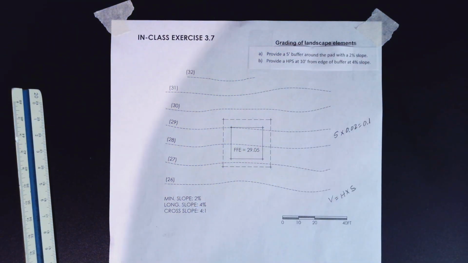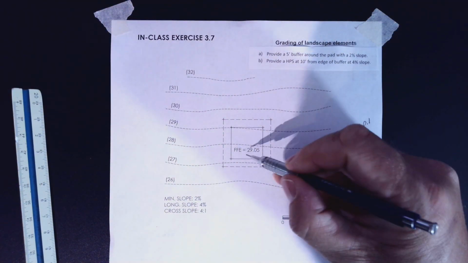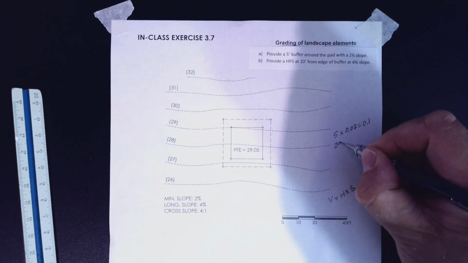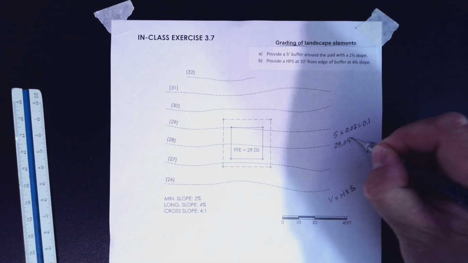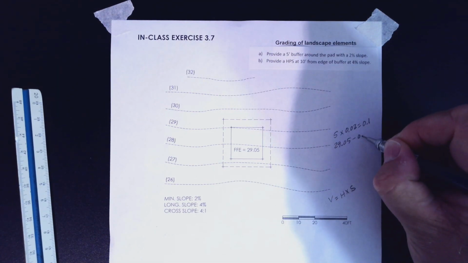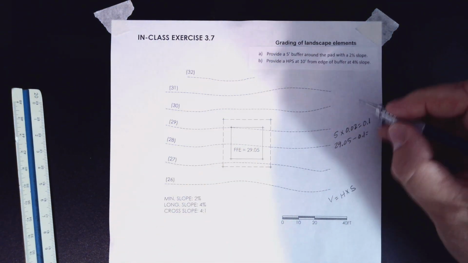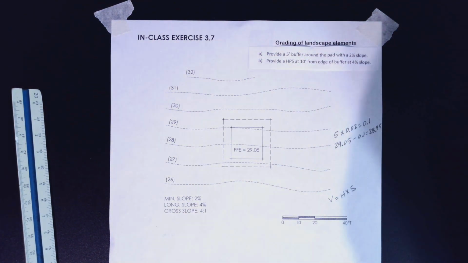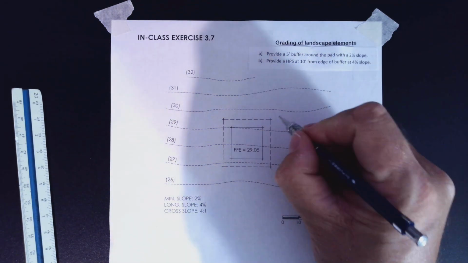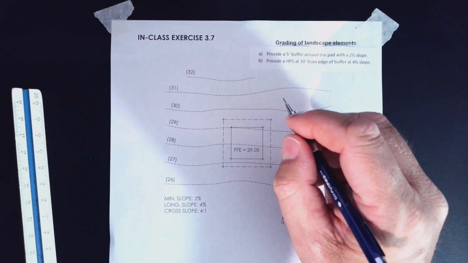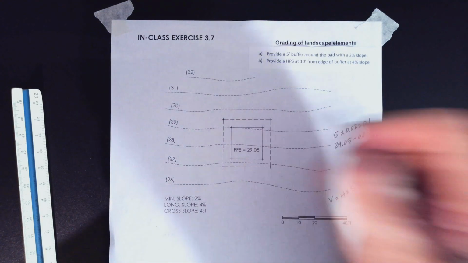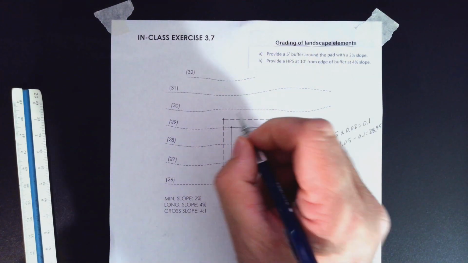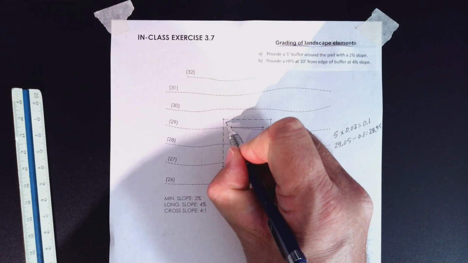So 29.05 minus 0.1 equals 28.95. All right, so this elevation here is 28.95. So we'll write this here.